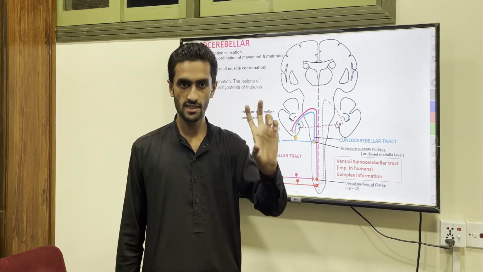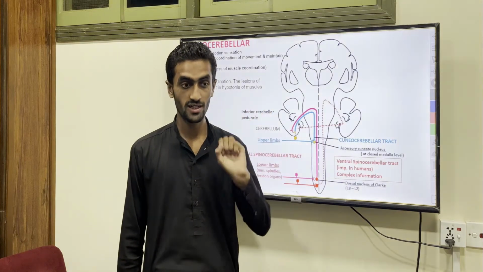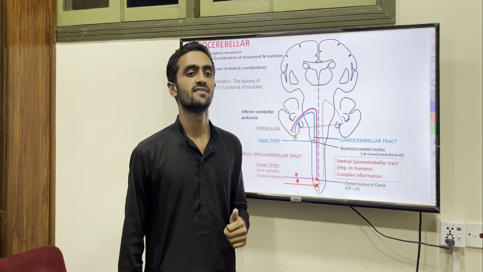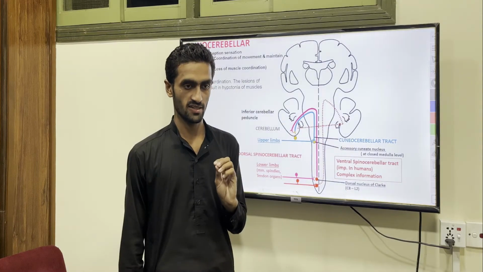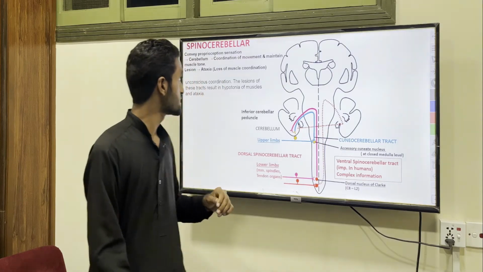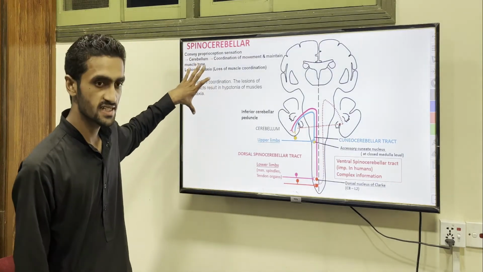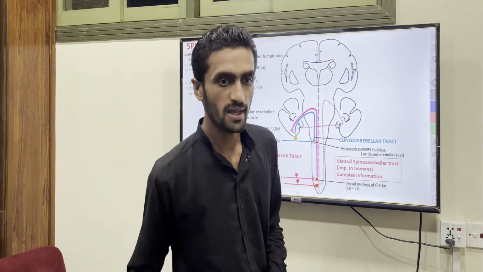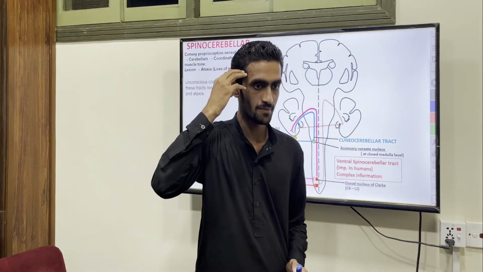We have discussed the conscious pathway. Now come to the unconscious. This is associated with the unconscious pathway. I mean unconscious proprioception is going through this. So their function is coordination. For example, my motor signal is coming from my brain.